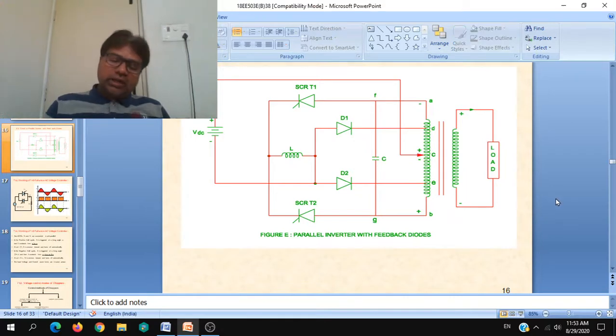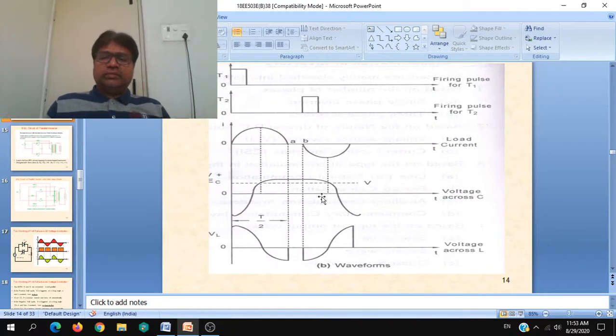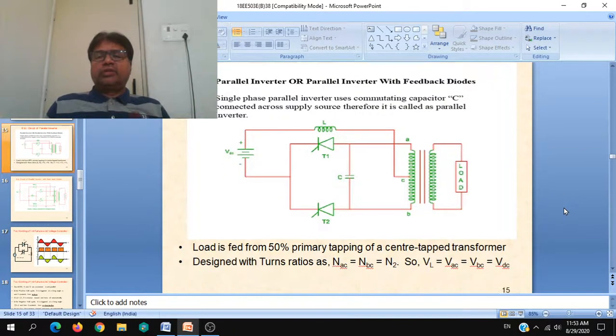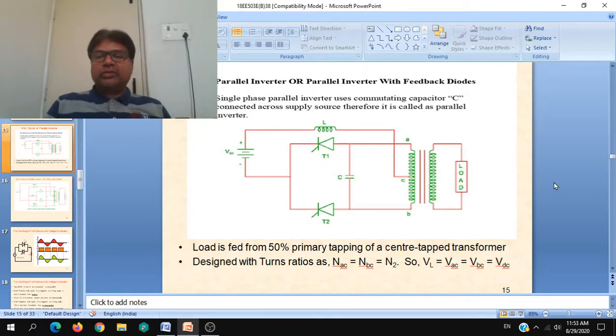You can draw either of these circuits, and when compared to the inverter waveforms and even with the feedback diodes, this is the simplest of the circuit you can draw. By drawing this properly, you will be getting the required marks. So it is up to you to decide which takes lesser time and which you can draw better.